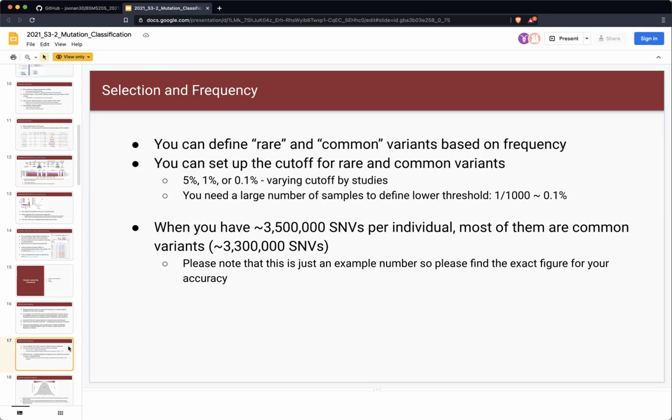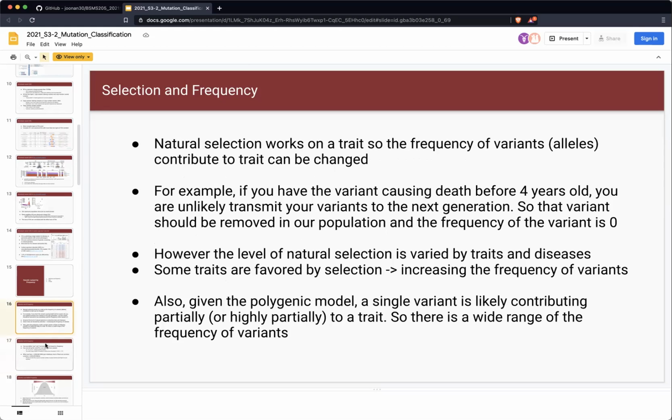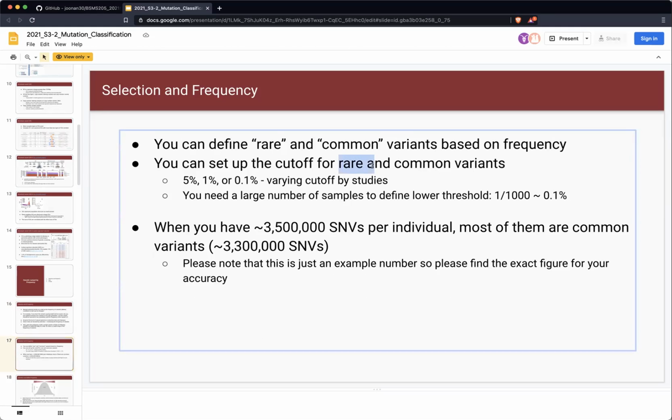So if you look at the recent literature on that, you have terms describing the rare situation or the common situation.